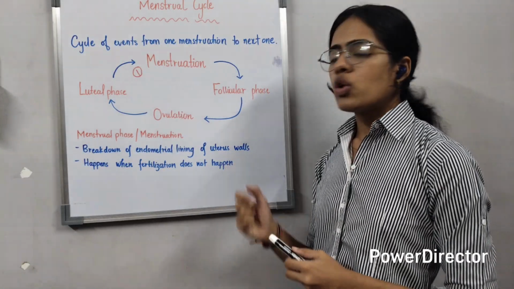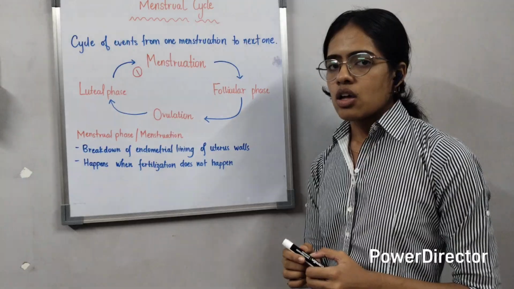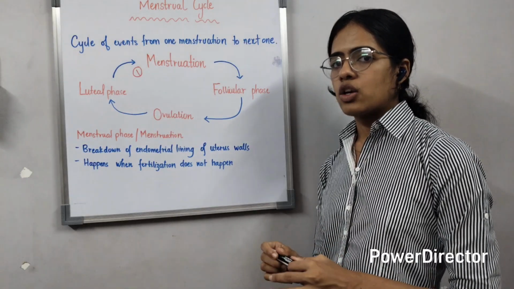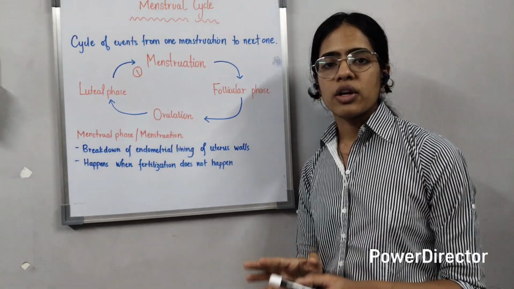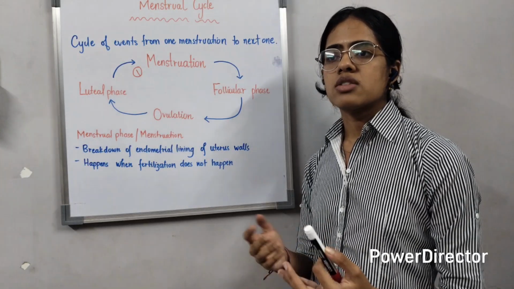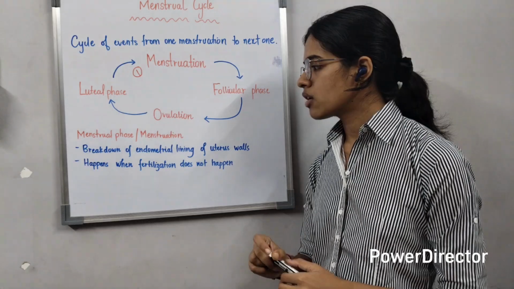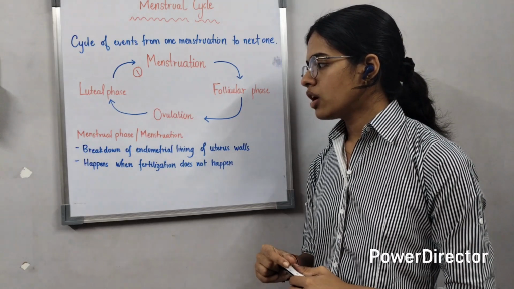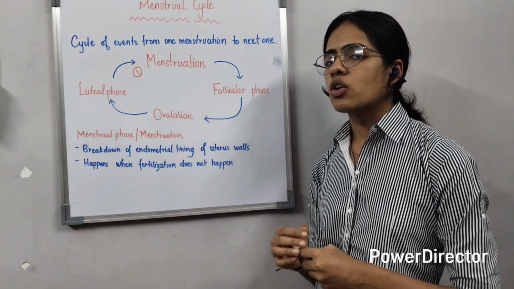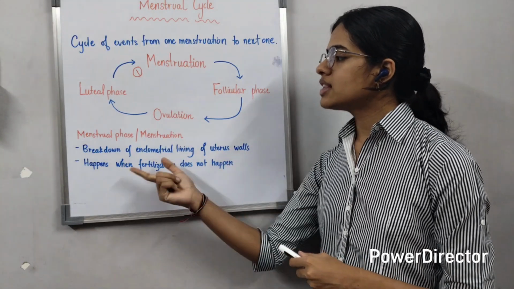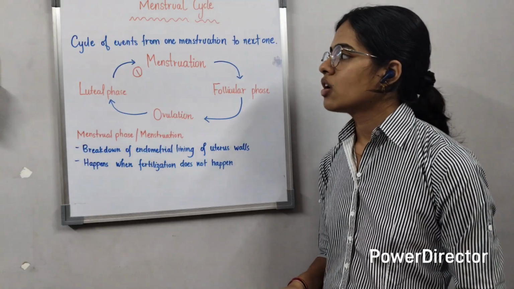The uterus consists of different layers. The inside layer is known as the endometrium. The lining which is formed on the endometrium mainly consists of blood vessels which were present on the lining of the uterus, and these will break down during the menstrual phase.